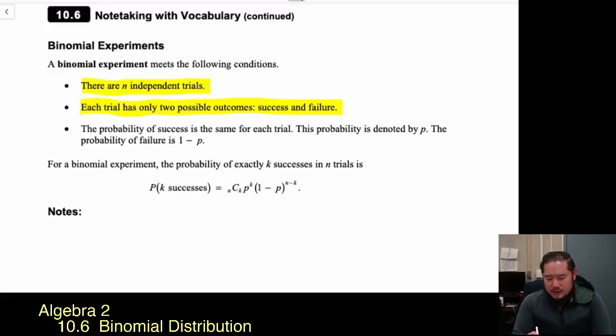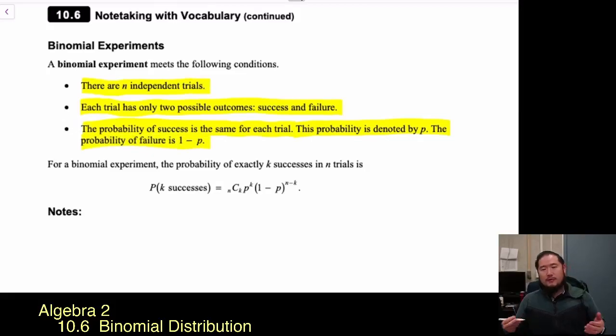The third one is that the probability of success is the same for each trial. This probability is denoted by P. The probability of failure is 1 minus P. When you flip a coin, you're always going to have either heads or tails, so the probability of success is going to be the same each and every time.